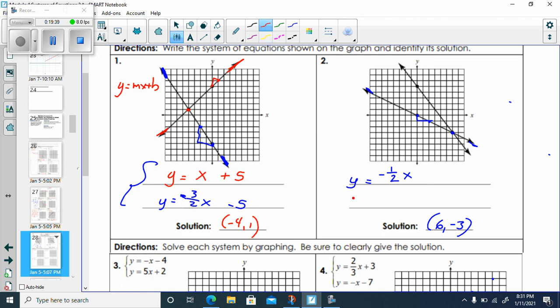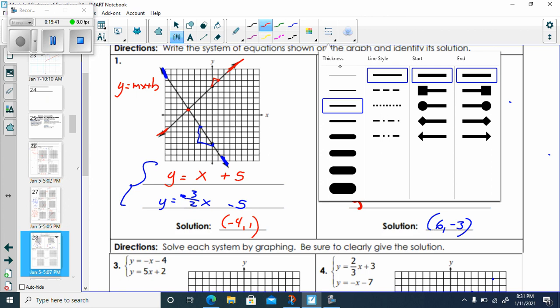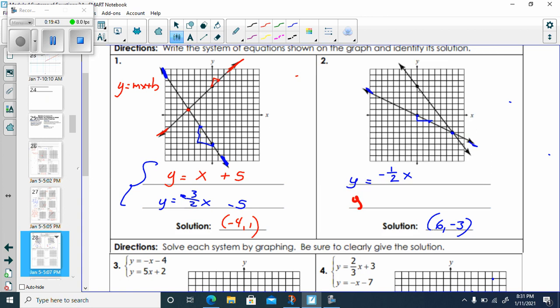Let's do the other equation. Y is equal to mx plus b. Let's do this red one here. Our b would be at 5, so that's plus 5. Our m, our slope, we find 2 points that are on grid lines.